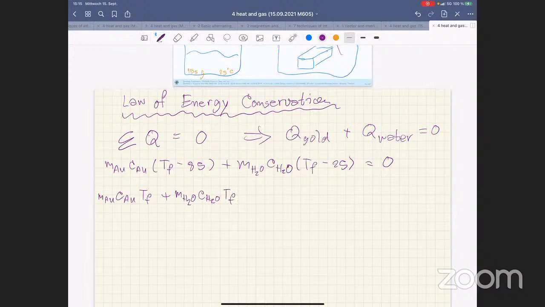And minus M AU C AU 85, minus M H2O C H2O 25, and equals 0. And you move the negative terms to the right hand side, and these ones can stay in combination together. They can stay together, and then you leave it as the denominator on the right hand side.